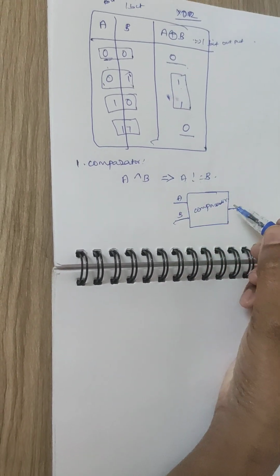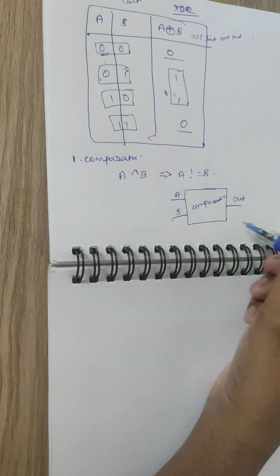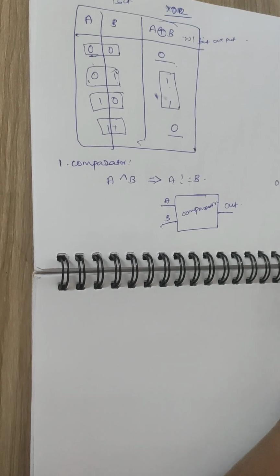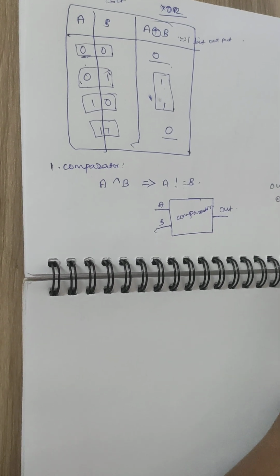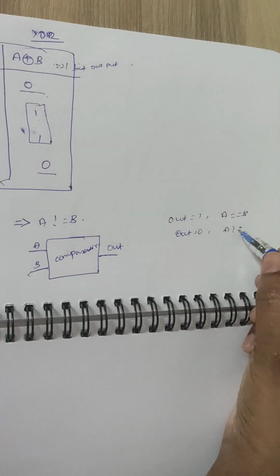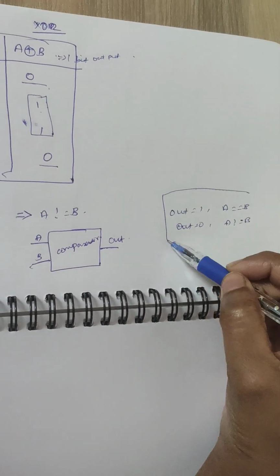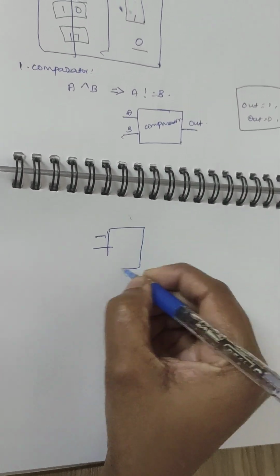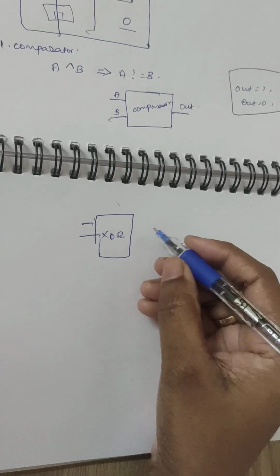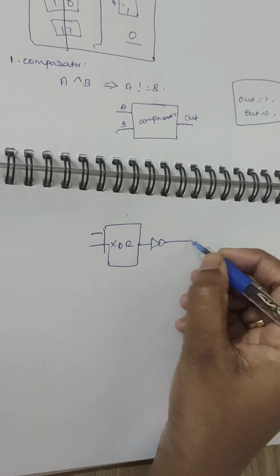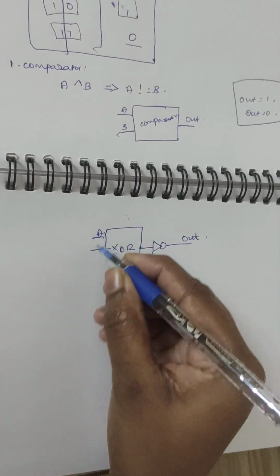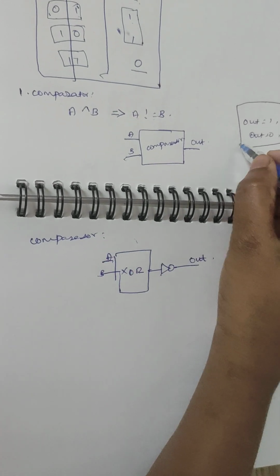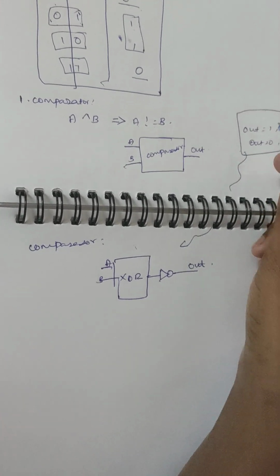The specification is like this: out should be 1 if A and B are equal, and out is 0 if A is not equal to B. What we have to do is use an XOR gate followed by a NOT gate, and this is our output, and this is A and this is B. This is a simple comparator which follows this specification.